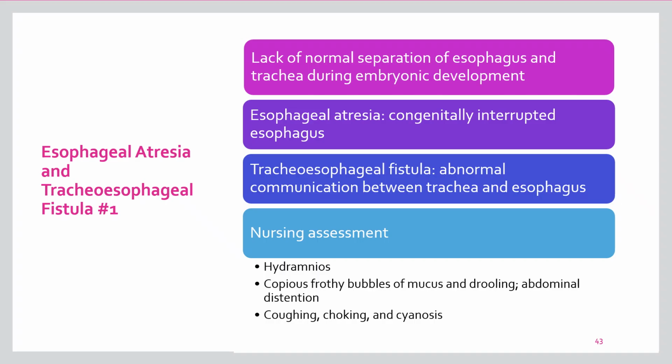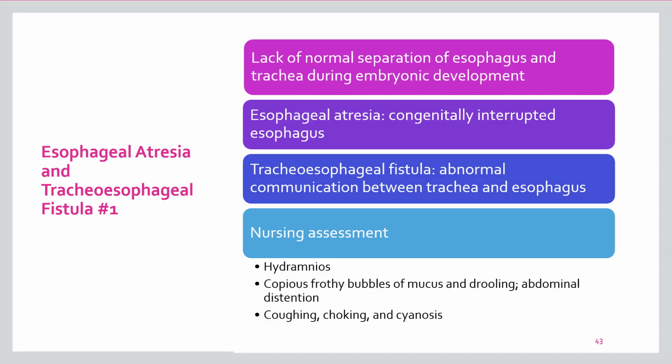That's why the baby pees. But here the baby swallows, and it may not go down the esophagus because there is no connection. So the baby is not drinking any of the amniotic fluid, because of a congenital problem where the fluid is not going down. I'll show you the picture.